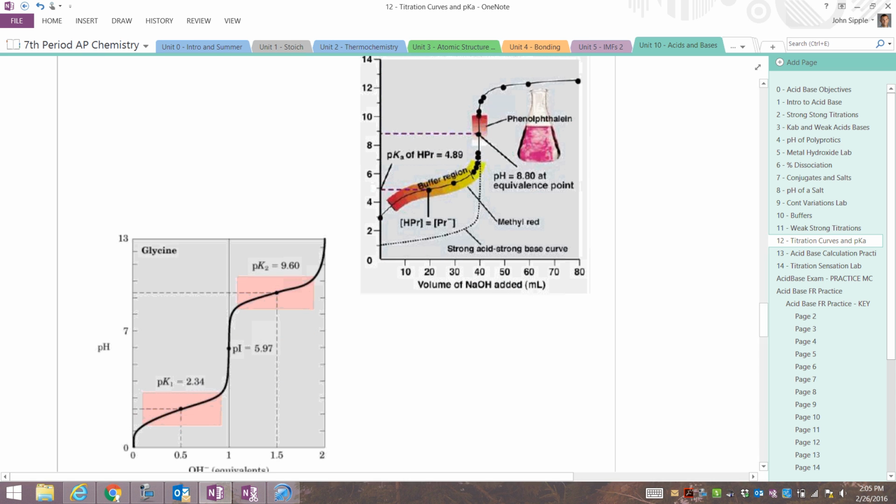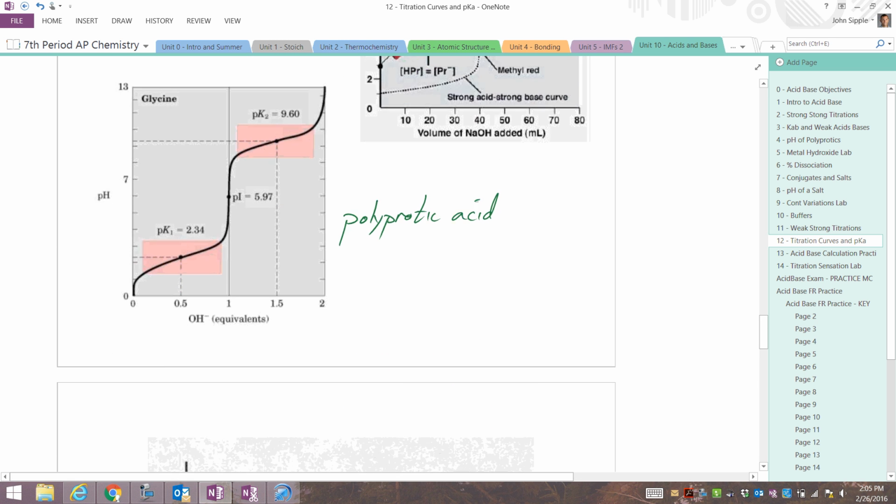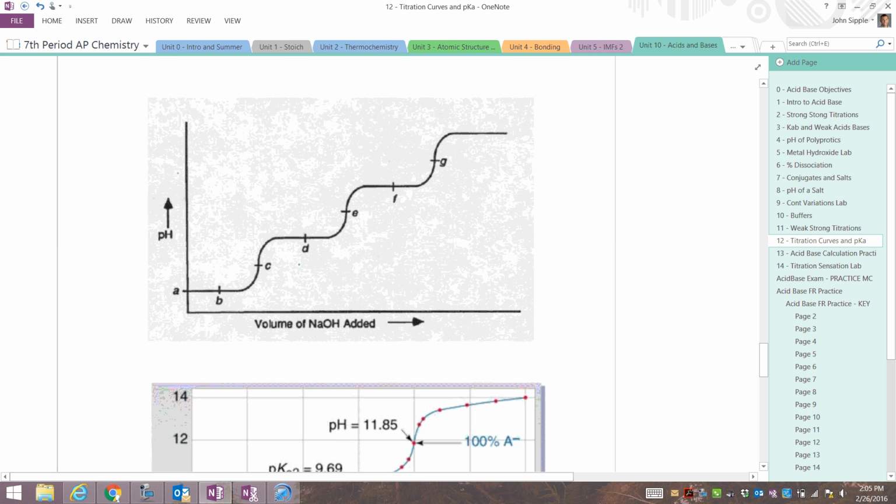Some other examples here. You have a polyprotic acid for this one here. You can see you've got the equivalence point, but you also have 2 buffer regions on that one. This is a good example of this one here.